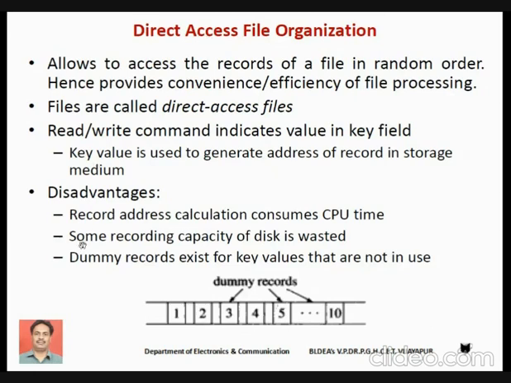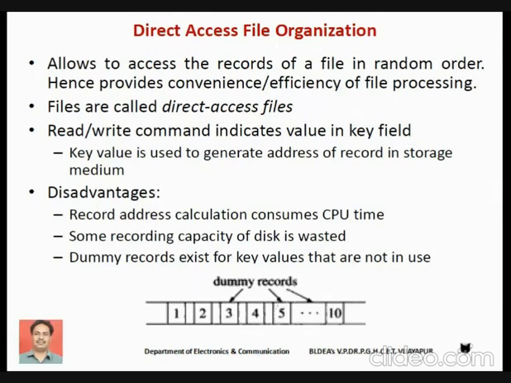Also, in the case of direct access files, we need to store some dummy records. Say, for example, as I told, for each record we require 10 bytes, so all the records must exist. Assume that you don't have a third record, but you still have to store 10 additional bytes. You have to store that third record as a dummy record.